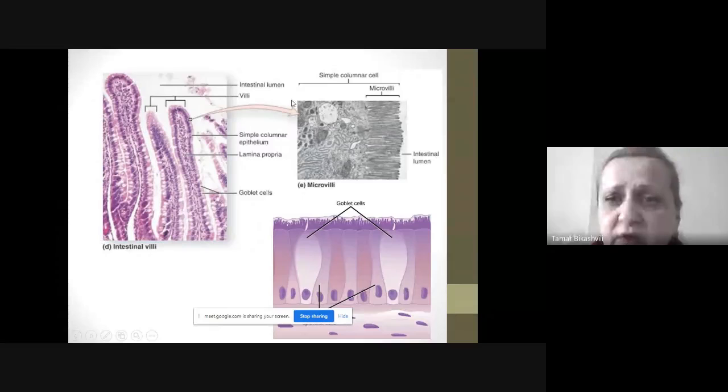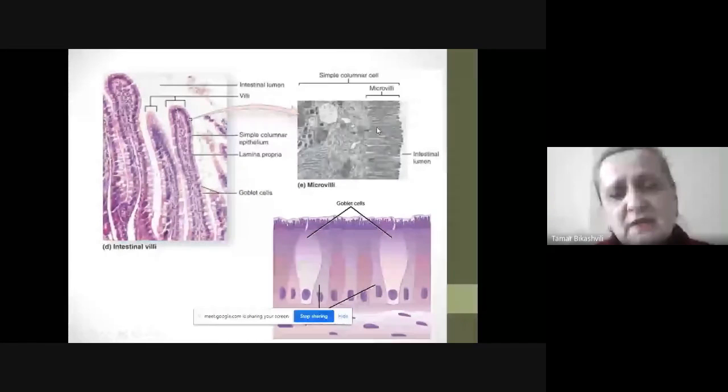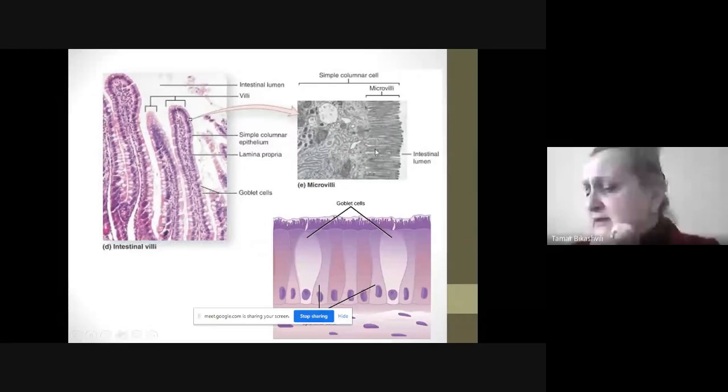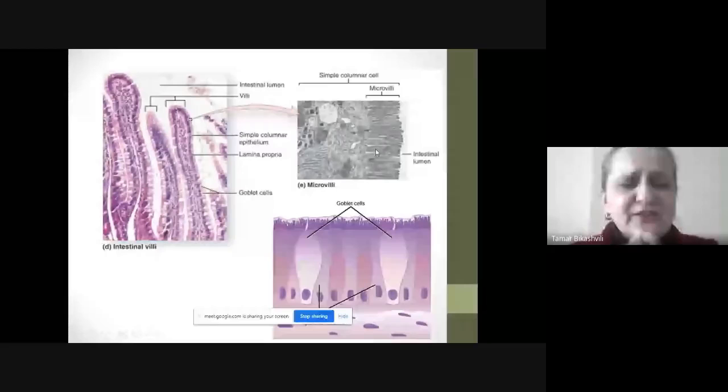This is the ultrastructure, the high magnification of the absorptive cell. You can see these microvilli which form the brush border, the brush-like structure. Microvilli are protrusions with actin filaments.